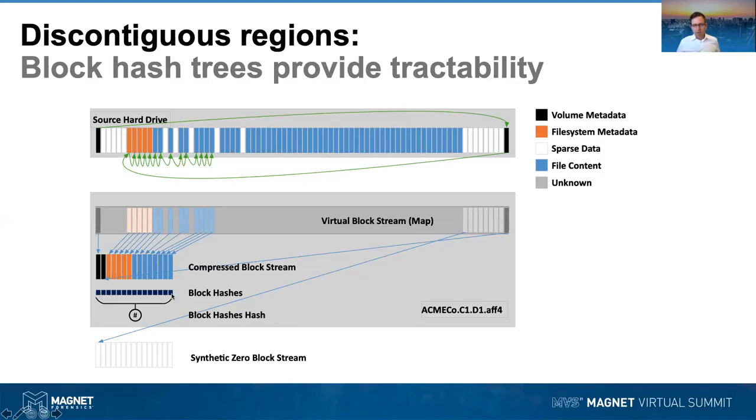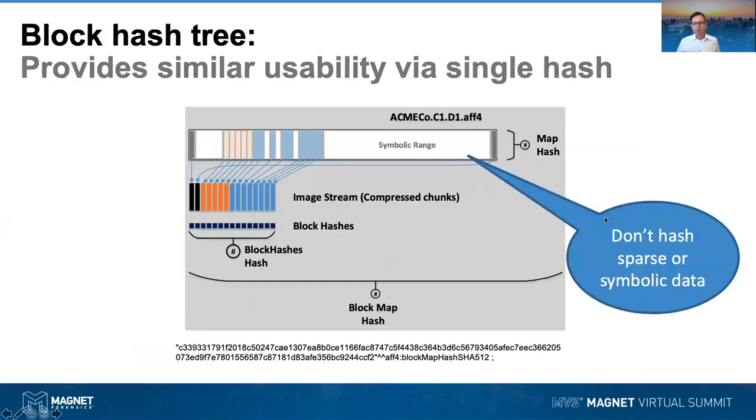Now, what we're missing in that is we still don't have a hash that's protecting the information that we've got in the map. So rather than trying to hash those sparse readings, which can take too long or be very complex and not reproducible, we just don't hash symbolic regions. We only hash regions that are actually containing data and are stored in the compressed chunk stream.